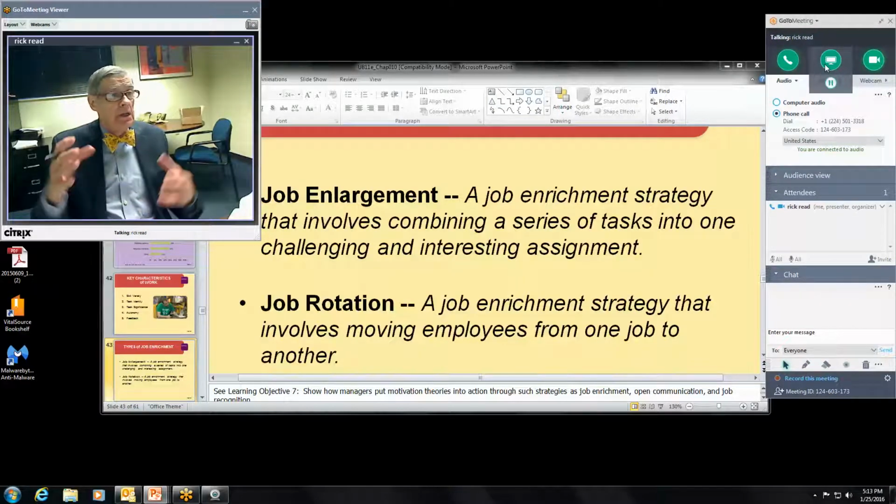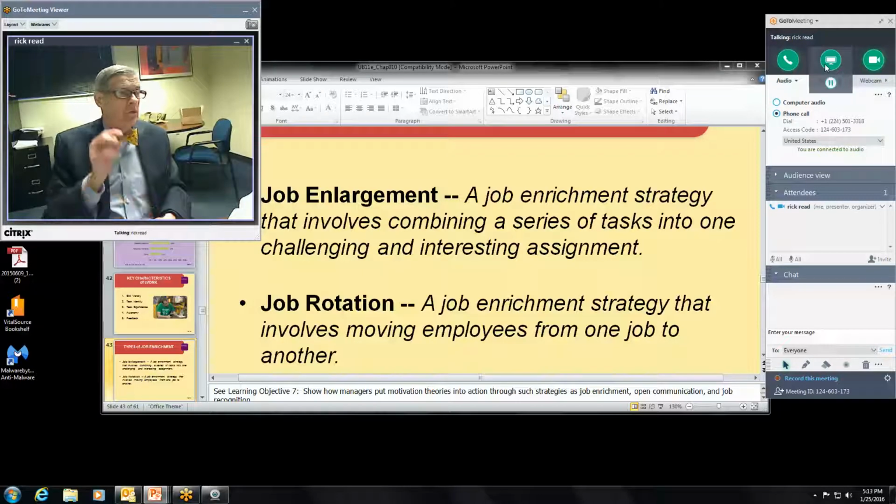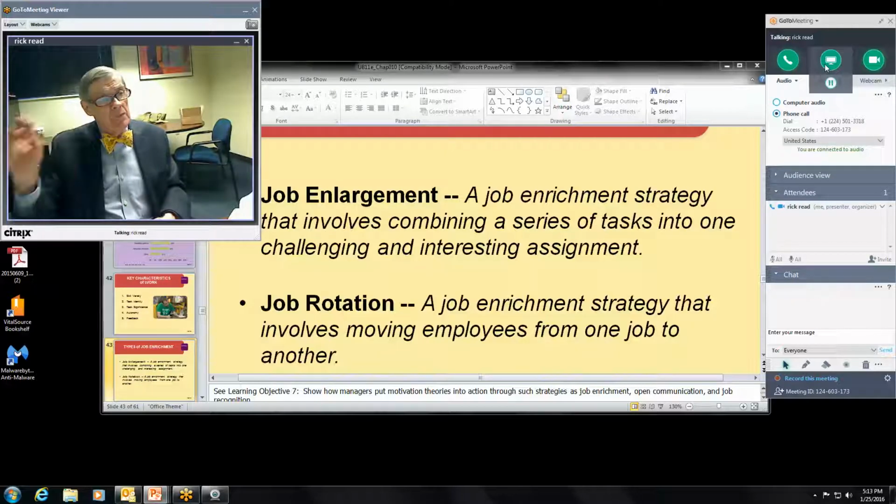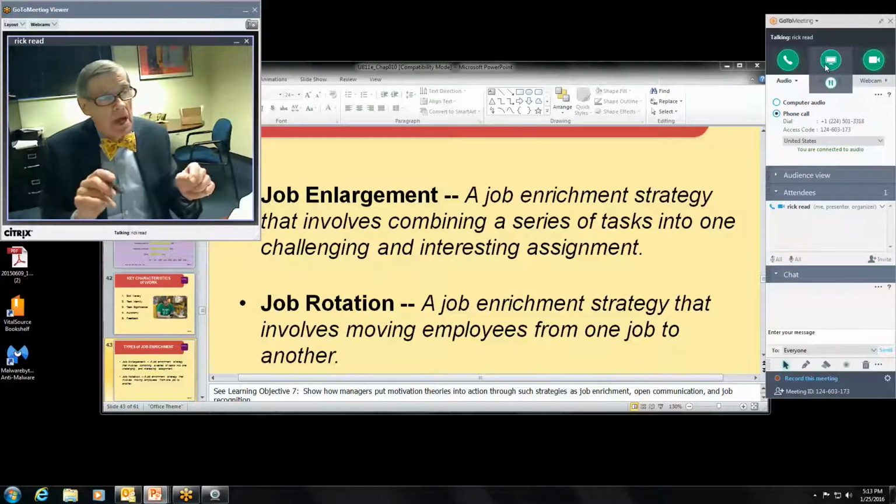So the employee has more responsibility now. And job rotation is exactly what it says. You're moving an employee from one job to another. Most of the time, that is lateral. There's no promotion involved with that.